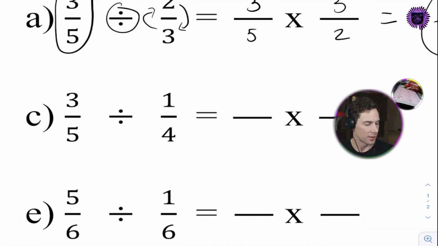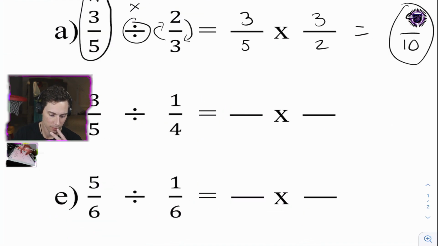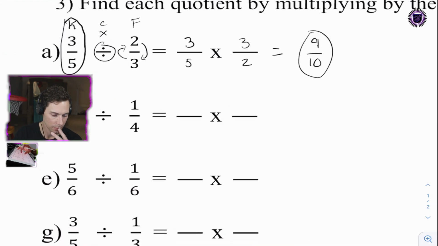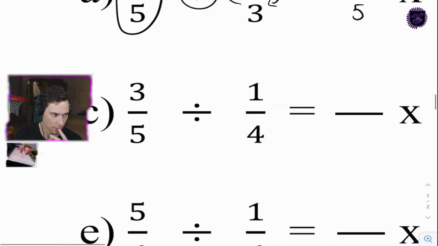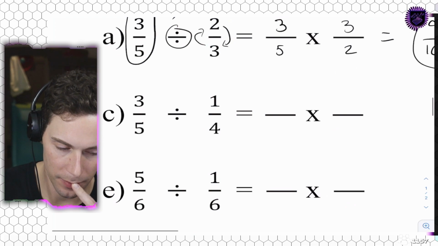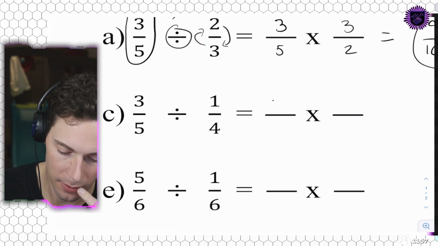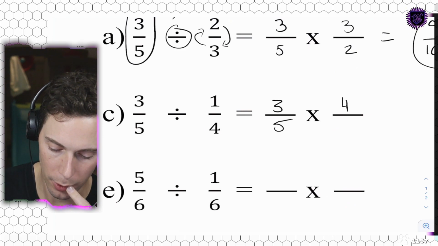Oh, I hope it wasn't in the way on that last question. 3/5 divided by 1/4. So this is going to be the same as 3/5 multiplied by 4/1.